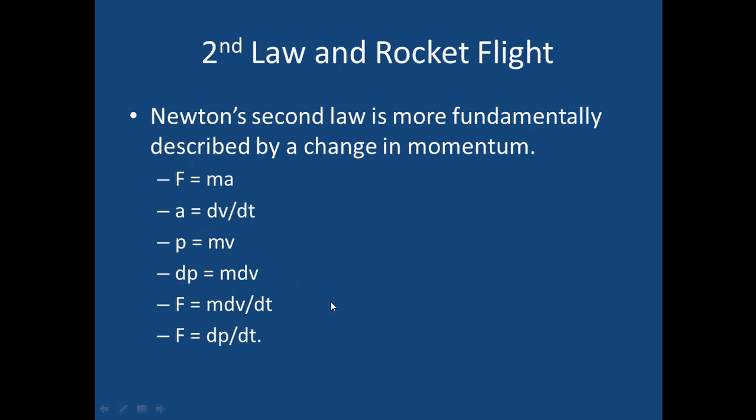So it has to do with an object's own inertia and how fast it's moving. So a change in momentum would result in that object's change in velocity. So if we take F equals m times dv/dt, that m dv is dp, so it turns into dp/dt. So this will become useful in a moment.